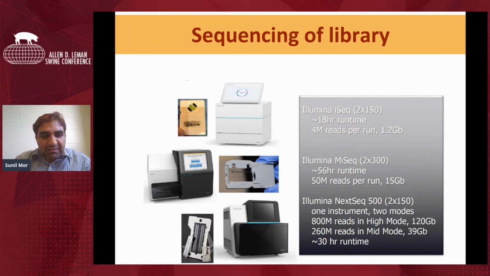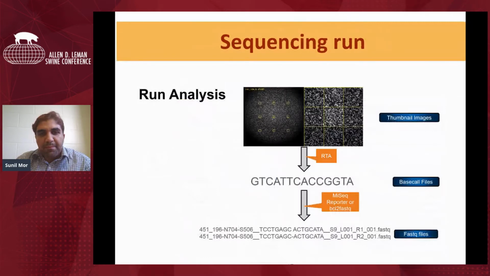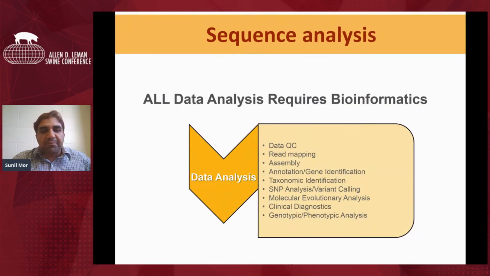These are the rows where millions or billions of sequences are generated. It generates a very large amount of data depending on our sequencing run or sequencer. Here are these flow cells, these dots where the sequencing occurs, and we get the sequence data in FASTQ zip files, which is where the bioinformatics starts.